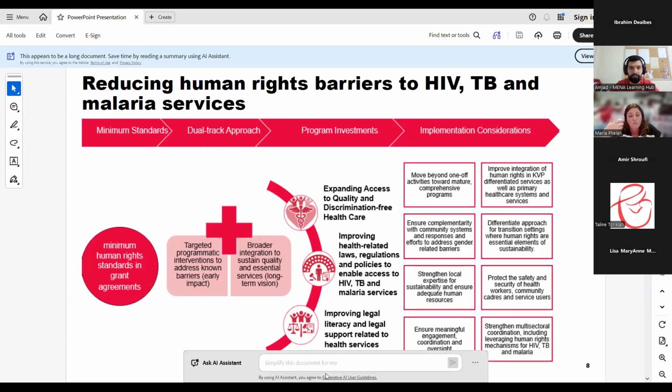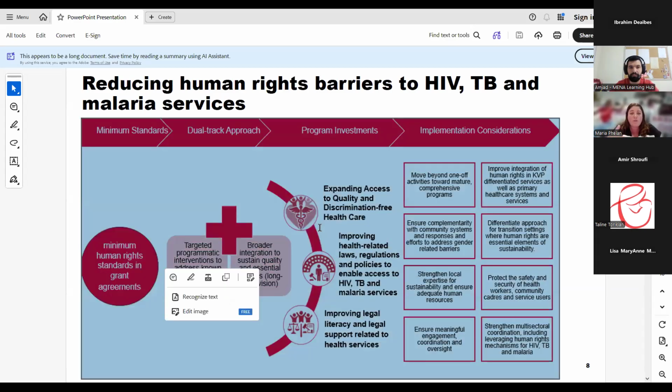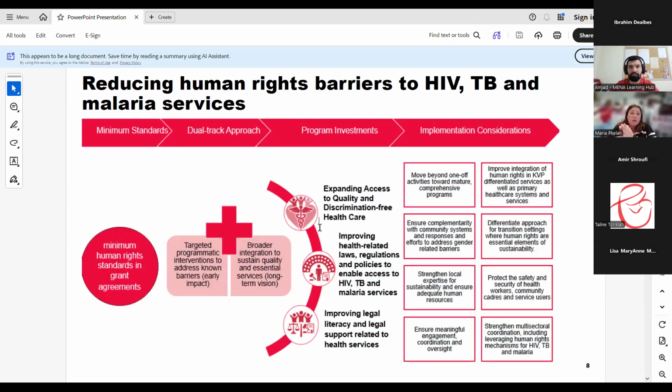So targeted programmatic interventions to address known barriers, so those early impact interventions, and then broader integrated interventions that can sustain quality and essential services for a long-term vision, all of which are working towards expanding access to quality and discrimination-free healthcare, improving health-related laws, regulations, and policies to enable access to HIV, TB, and malaria services, and improving legal literacy and legal support to health services.